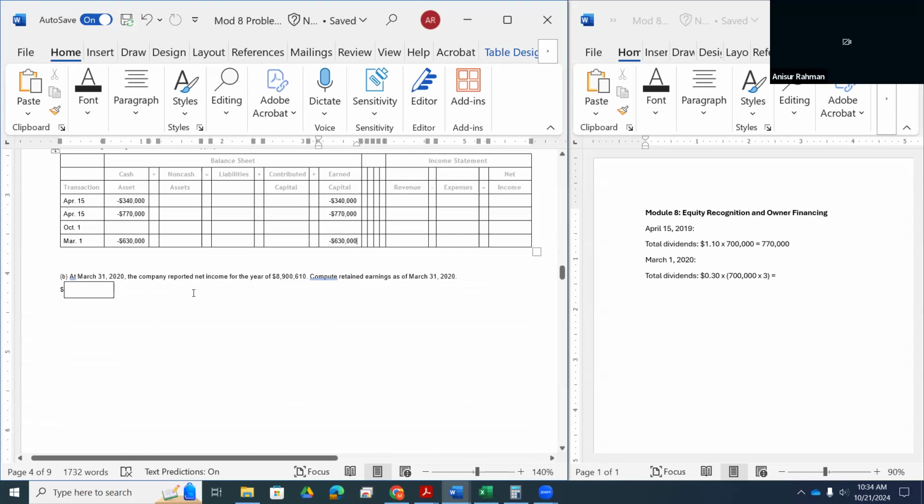Now part B, at March 31, the company reported net income for the year. Compute retained earnings as of March 31, 2020.